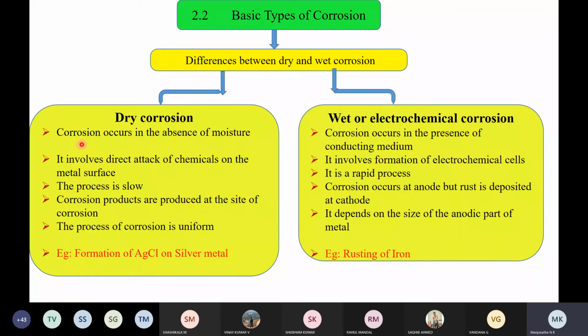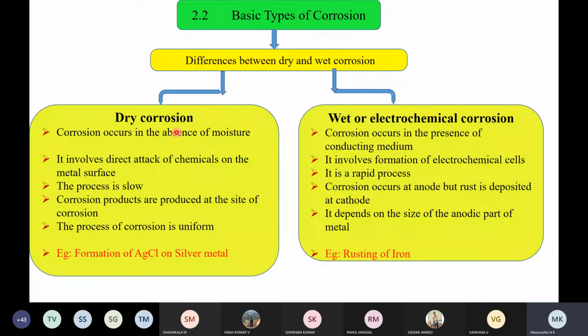It involves the direct attack of chemicals or dry gases like dry oxygen, dry carbon dioxide, hydrogen sulfide, sulfur oxide, nitrogen oxide, etc. Once these dry atmospheric gases attack the metal surface, the metal surface undergoes a chemical reaction with them and forms an oxide layer. This type of corrosion is called dry corrosion.